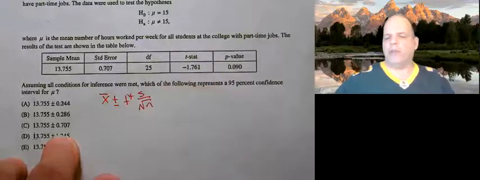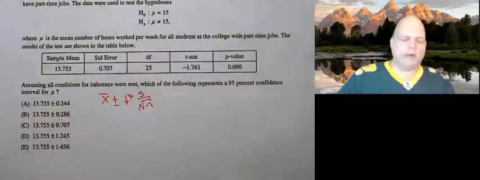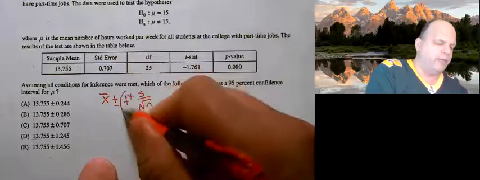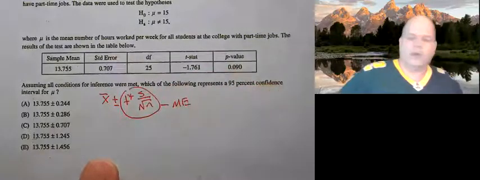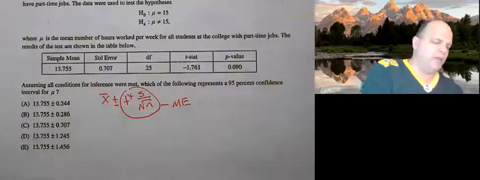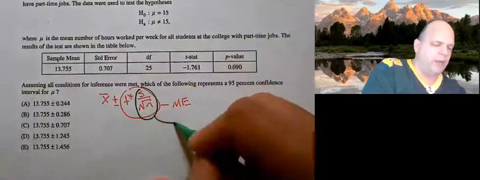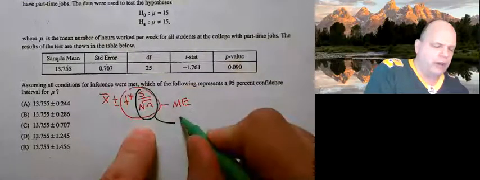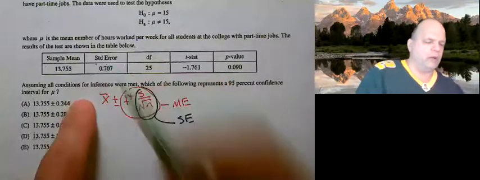All right, so we have a few things in here that we need to be careful of, because they are being a little bit tricky here. First off, this is known as the margin of error. And while we've mentioned this several times, we usually don't have that many problems on this, but this is known as the standard error, which is what they gave you right here.